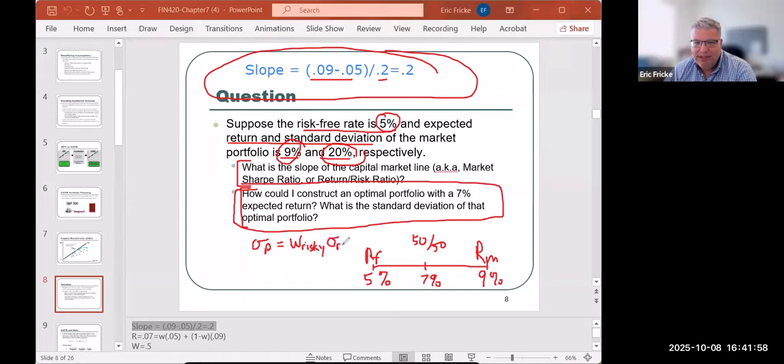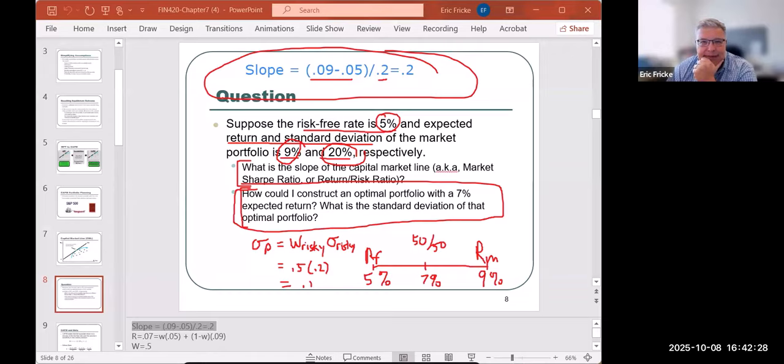When we have a portfolio that's composed of the risk-free asset and something risky, this is how we calculate the risk on that portfolio. So it ends up being 0.5 times 20%, which is the standard deviation of the risky, and that ends up being 0.1. So that's how we would calculate that.